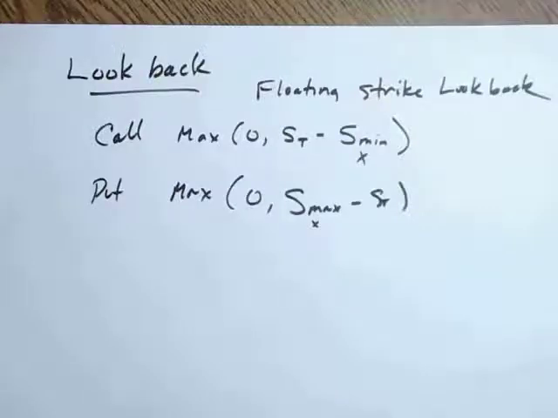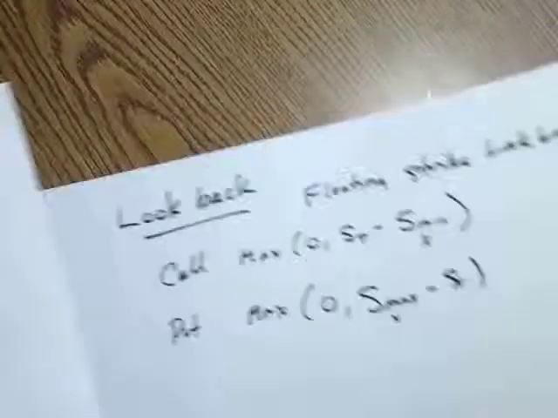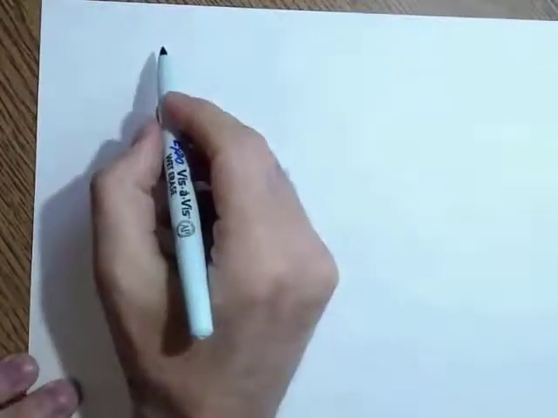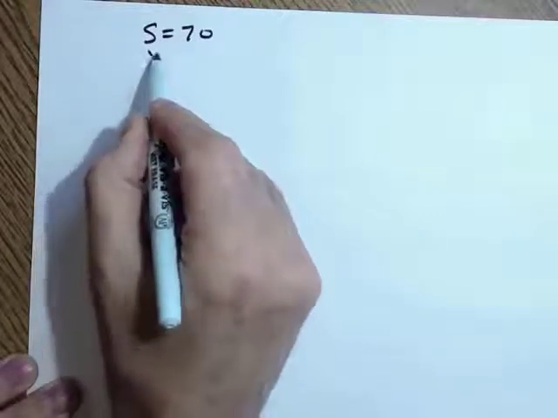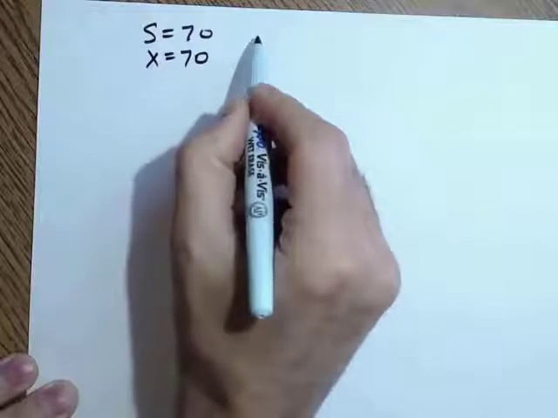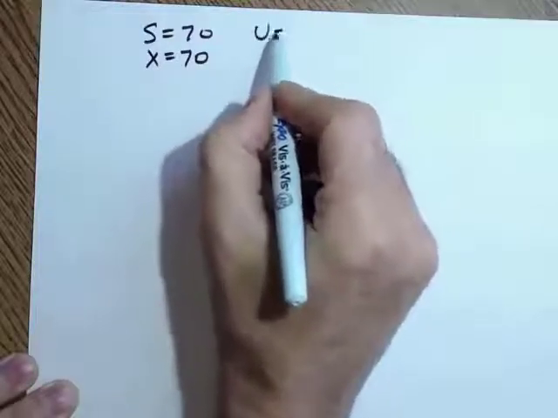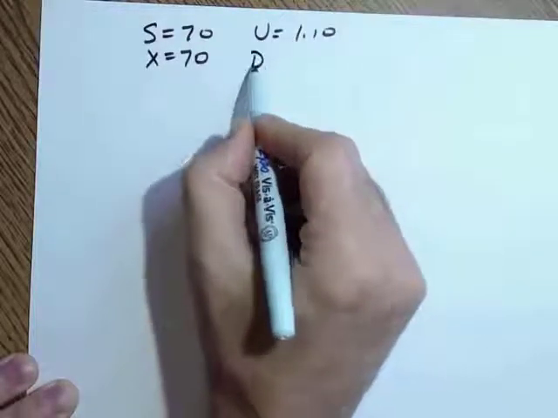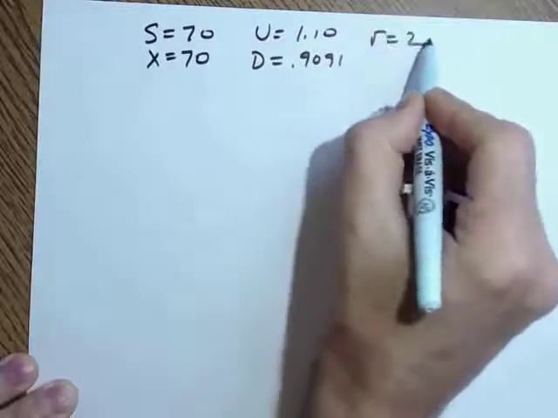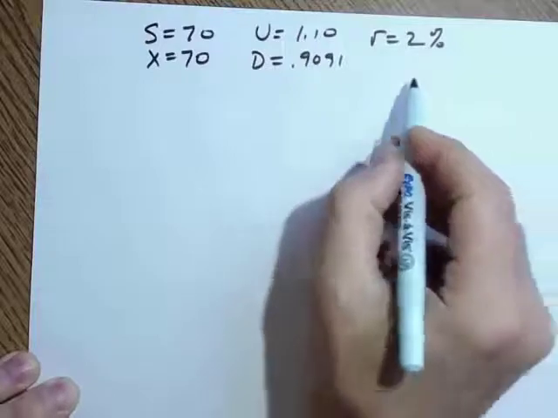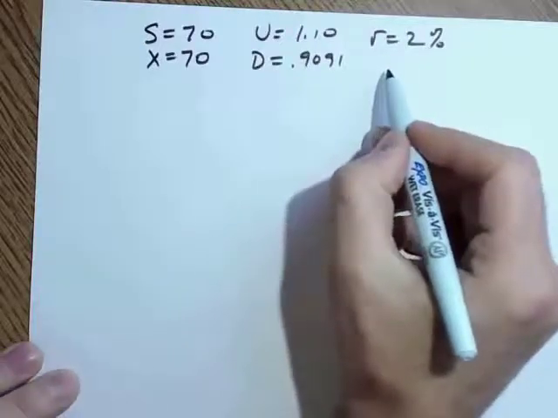Now I'm going to create a new binomial to cover this. The example here will be stock price equals 70, strike is 70. We're going to keep the same u, the same d, up and down movement, and the same risk-free rate, which means the probabilities for an up move are the same.